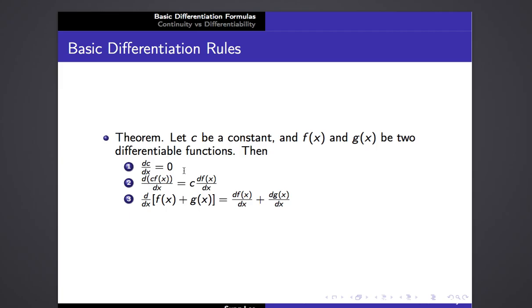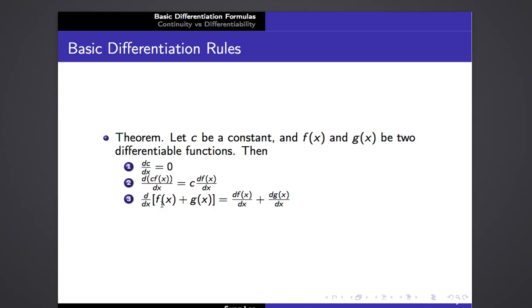In that case, c can come out of the derivative, so it becomes c times d f of x by dx, which is the same as c times f prime. And the last property, the derivative of f of x plus g of x is the same as the derivative of f of x plus the derivative of g of x.